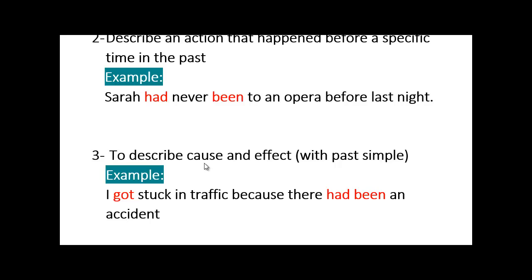Or to describe a cause and effect with past simple. Cause and effect. I got stuck in traffic because there had been an accident. It's similar to an if conditional. We can swap them. So because there had been an accident, I got stuck in traffic, okay? So the accident happened first, and then the traffic jam happened.